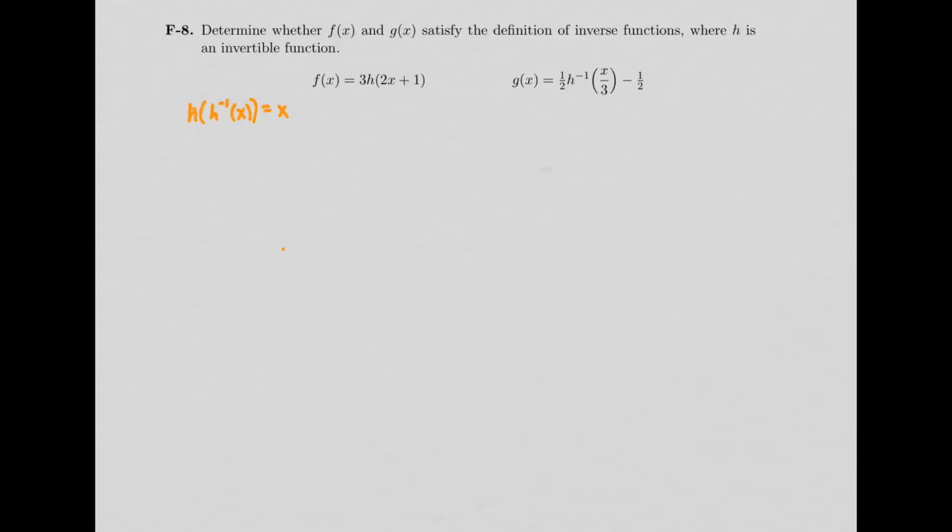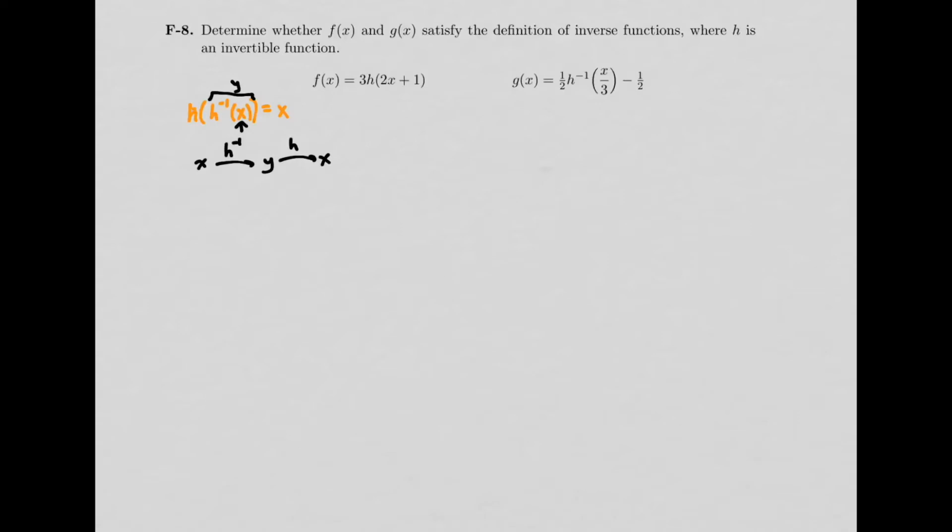So what's happening here is that our function is taking x. In this picture, this x is an input, and h inverse creates some output value. And h does something to that value, and it creates yet another value. The idea of inverses is that this puts me back at x.